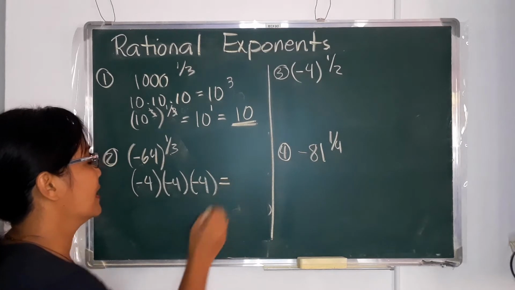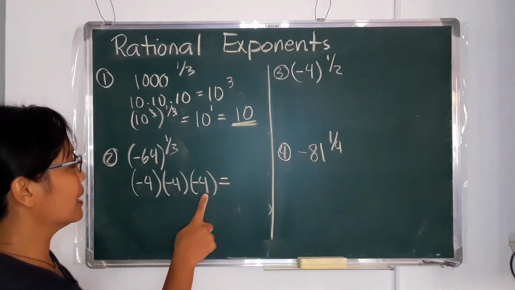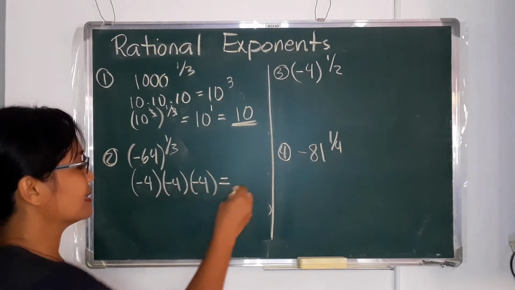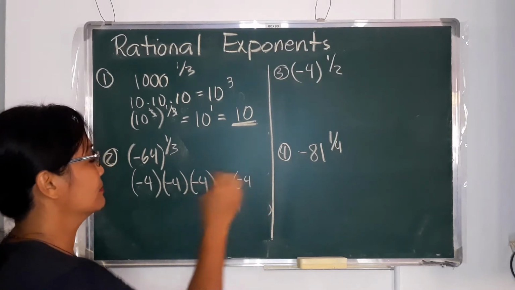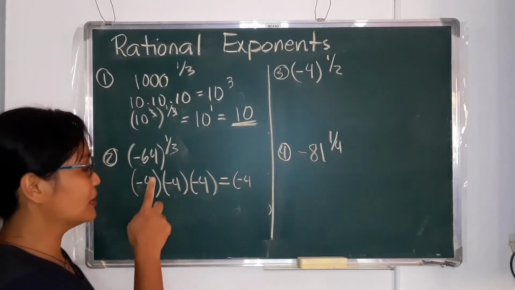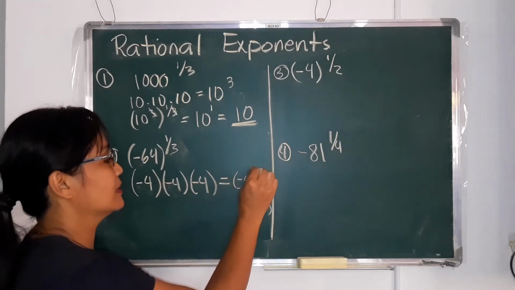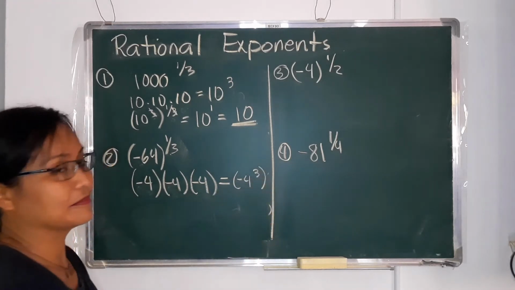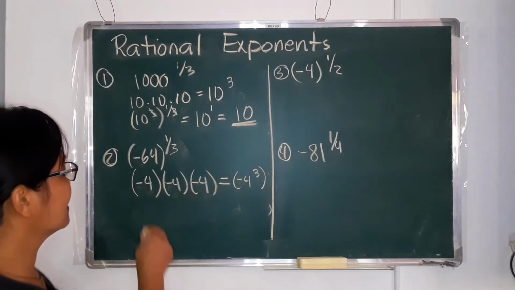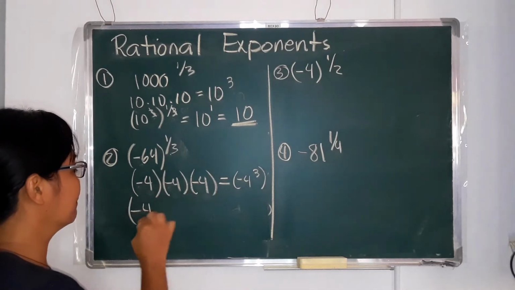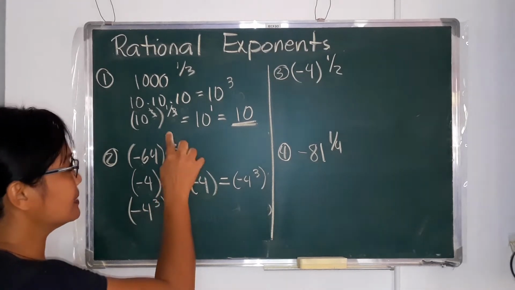4 times 4, 16. 16 times 4, 64. So, pwede. Pag isusulat natin ito in exponential form, just copy negative 4 raised to, ilang beses multiply? Isa, dalawa, tatlo. So, 3. That's it. Now, we can rewrite this. Negative 4 cubed raised to 1/3.